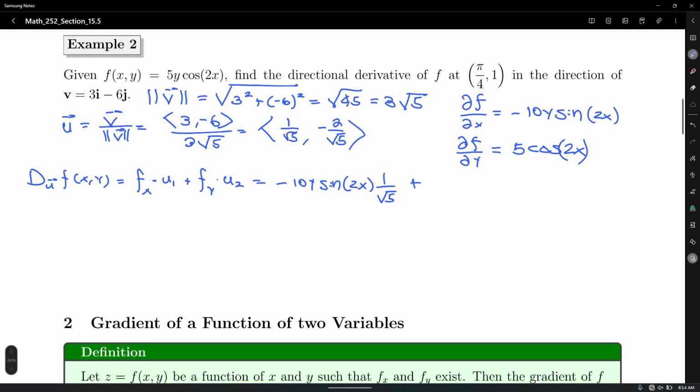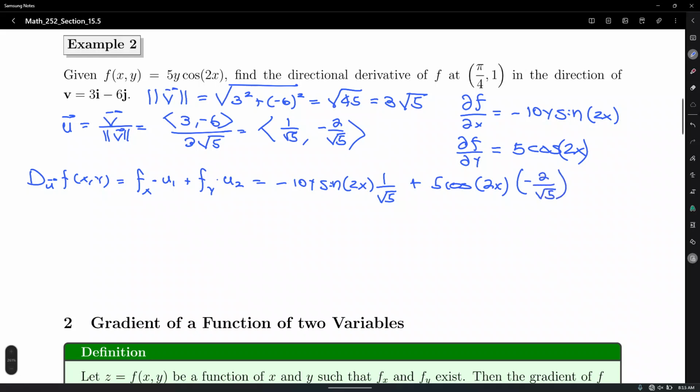That's fine. Plus f with respect to y, that is 5 cosine of 2x, times the y component of the unit vector in the direction in which we want to obtain that slope, that is, times negative 2 divided by root of 5.